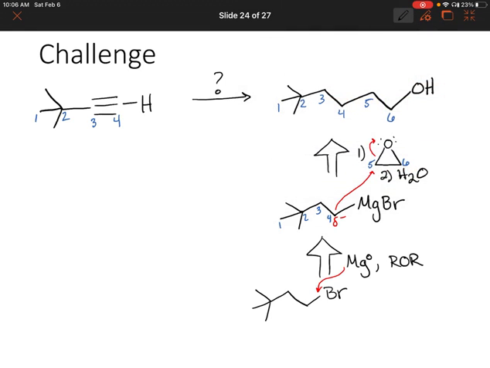Okay, so how can we make this alkyl halide? Well, if we want, we could use an addition reaction across a double bond. So let's use our basic carbon structure here. And where would the double bond go?